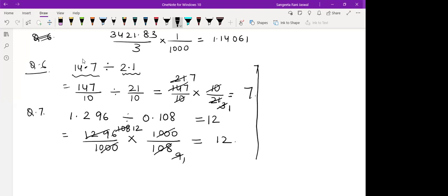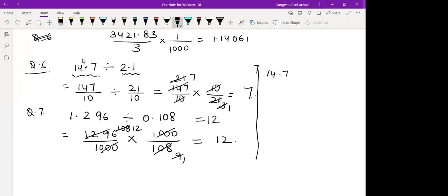You have done these two numbers in this way, changing into fractions. Now, as Harshit was telling earlier, we can shift the decimals also. See here, we have a decimal point after one place on this side, and here also we have a decimal point after one place. So we can just shift the decimal places.